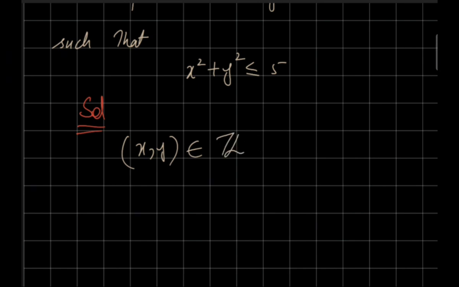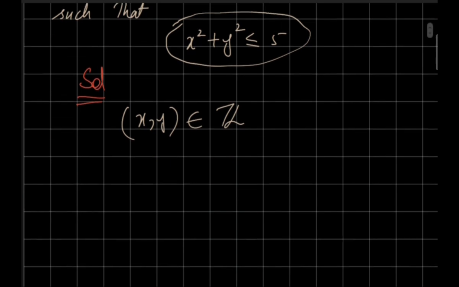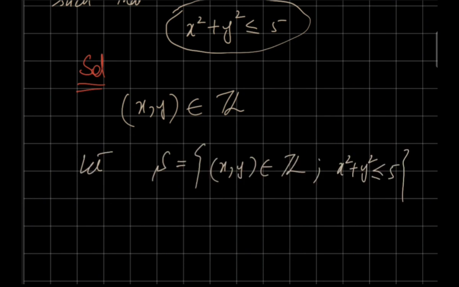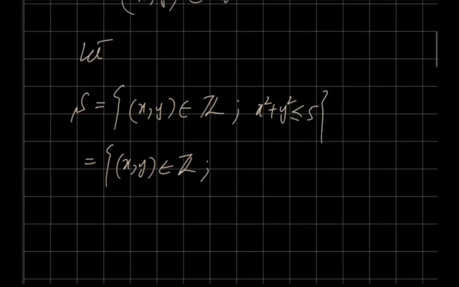We need such integers such that the sum of their squares is either 5 or less than 5. Let us suppose that S is the set of all those ordered pairs such that x squared plus y squared is less than or equal to 5. I can write this set in this way as well.